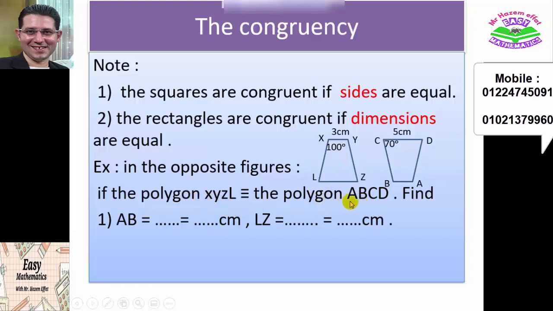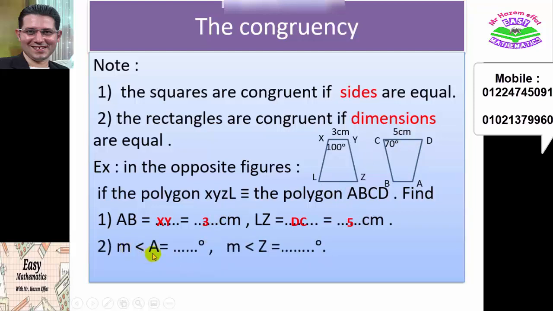AB will be equal with XY. And equal how many centimeters? We must go to our shapes. XY here equals 3 centimeters, so AB also equals 3 centimeters. LZ will be equal with DC. From the shape, DC equals LZ, which equals 5 centimeters.